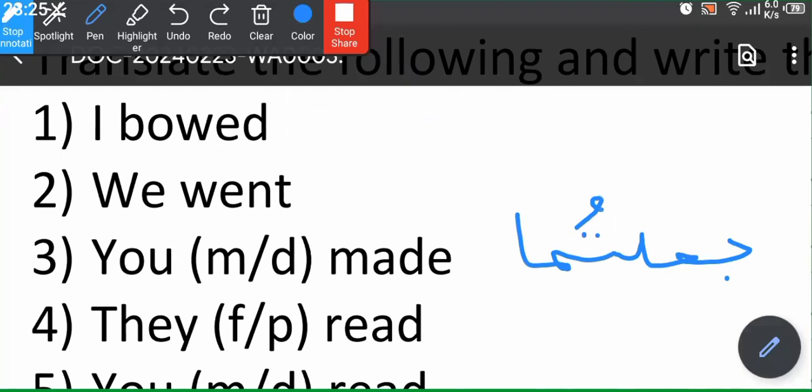Okay. Then number 4 is they read. They read. Feminine plural. So for feminine plural, what do you use? قرأتنا. Sorry. Alhamdulillah. The tunna is for mukhatab.